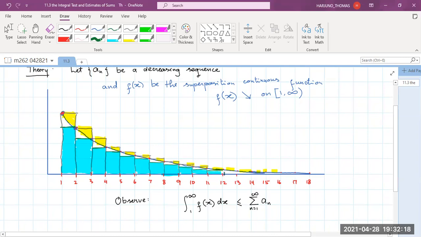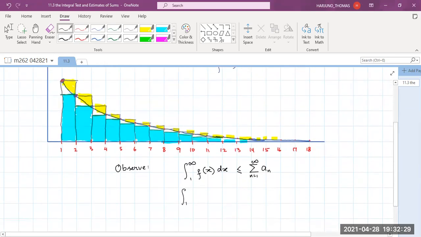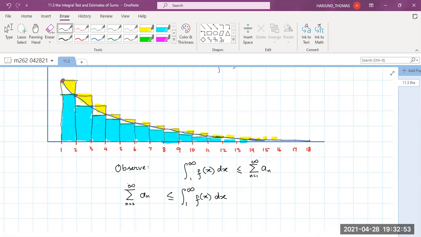Do you notice that? So the second thing we see here is that the area under the curve of that f(x) is always greater than the summation of the sequence from 2. Not from 1.